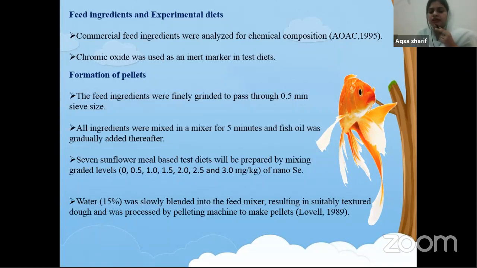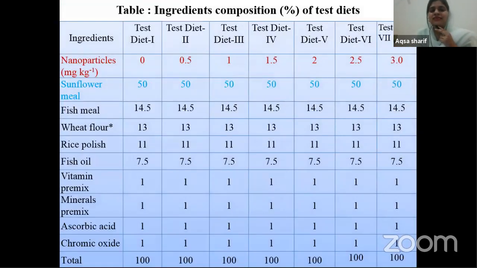Water was also added in the feed mixture to prepare a suitable dough. Then here is the ingredient composition of the test diets. I already told you the levels of the nanoparticles, and then sunflower meal was added at 50% in each test diet, and other ingredients are also similar.